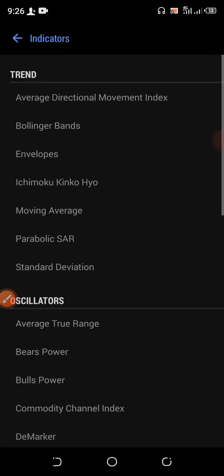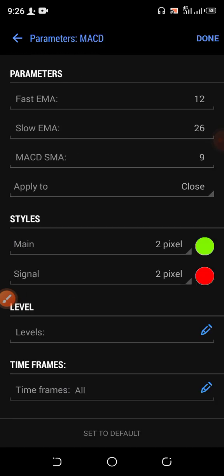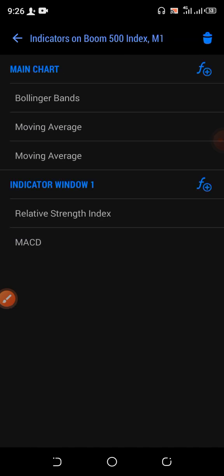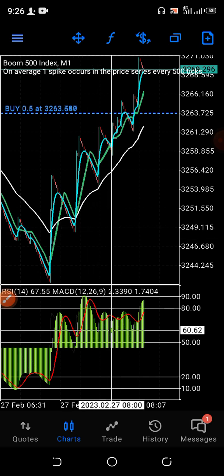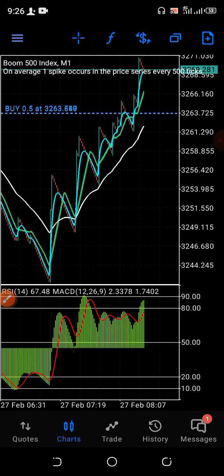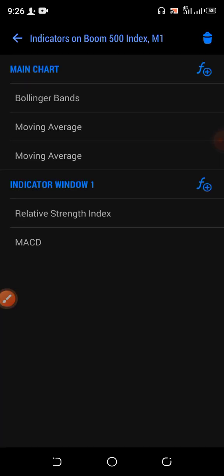So I will now go back and bring back the MACD. I use the MACD settings like this. Do you notice something now? I want to show you this because it's going to help you.